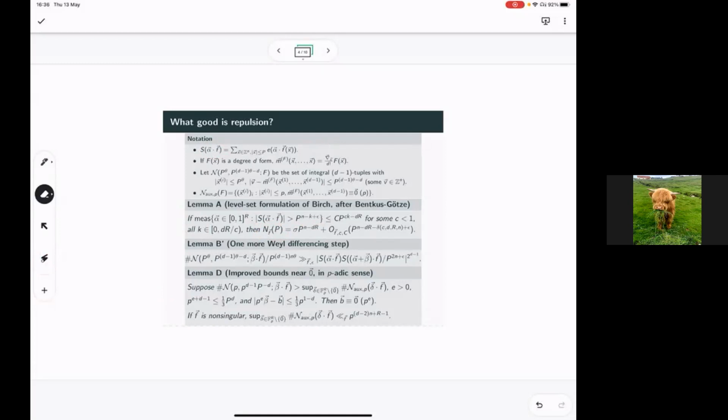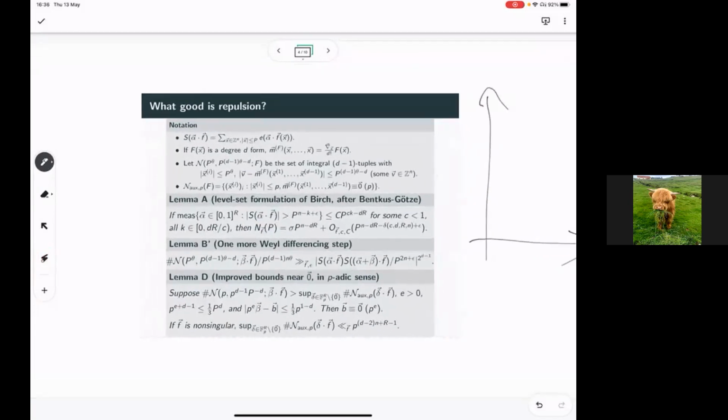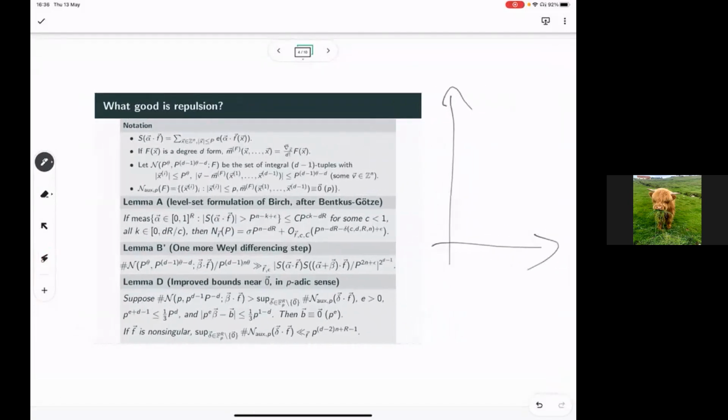And here we have a p-adic repulsion lemma, which says that if our vector alpha lies in a p-adic neighborhood of the origin, which means a union of small boxes like this, where the boxes have size about capital P to the minus d, capital P being the size of our integer variables in our original problem.